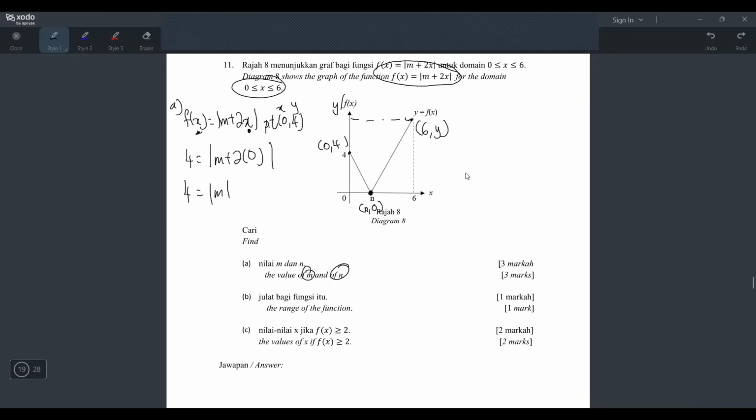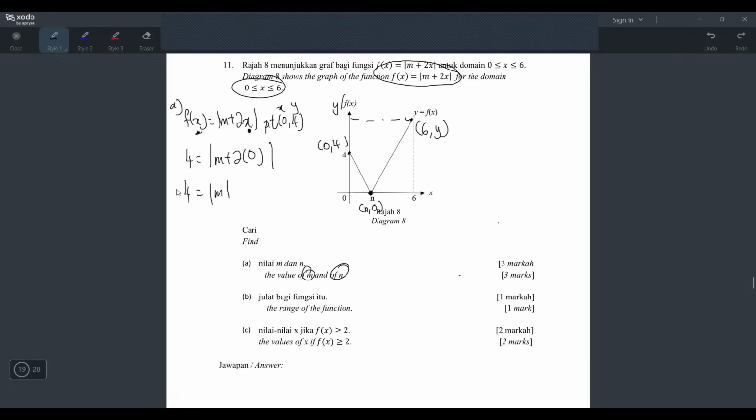When you modulus a number, it becomes positive: modulus negative 7 is 7, modulus negative 5 is 5. You can only do that when there is a number inside. But if inside is an unknown, like m or x or k, you cannot modulus it.